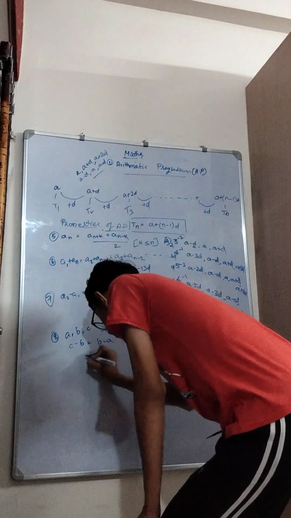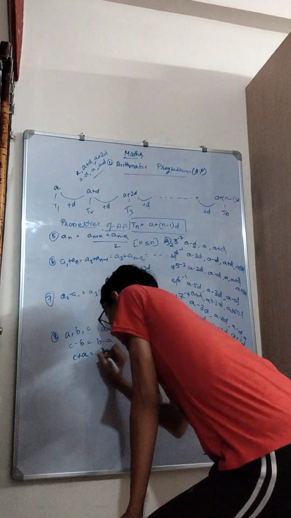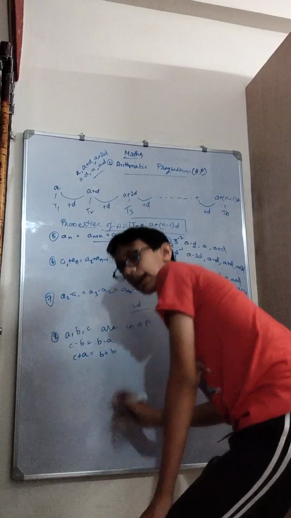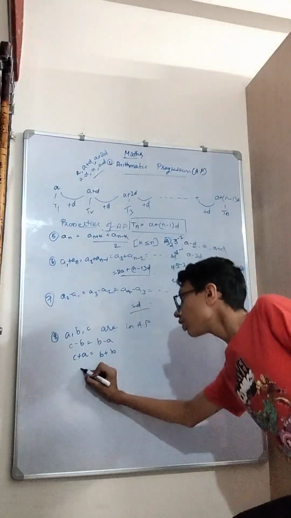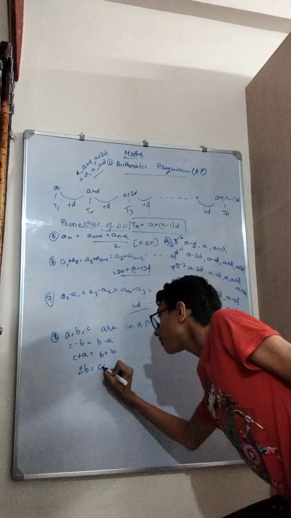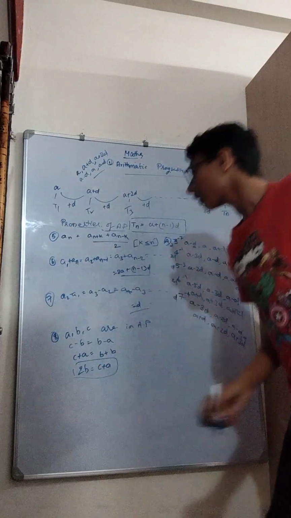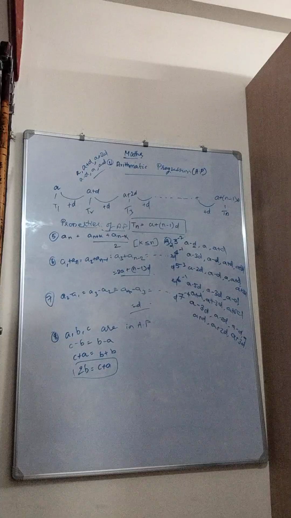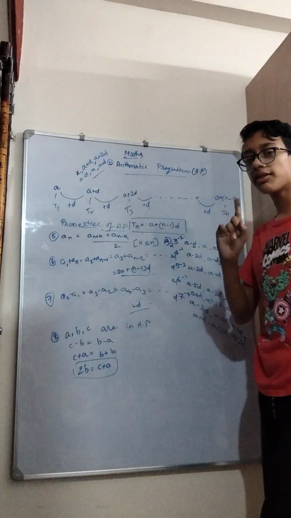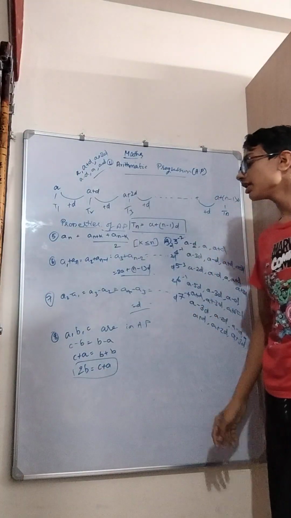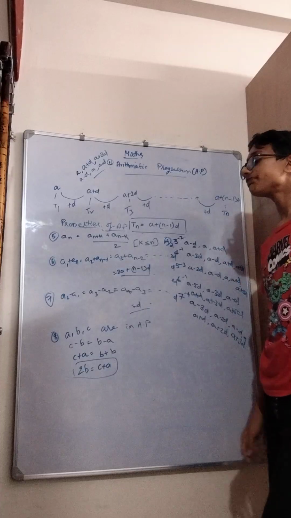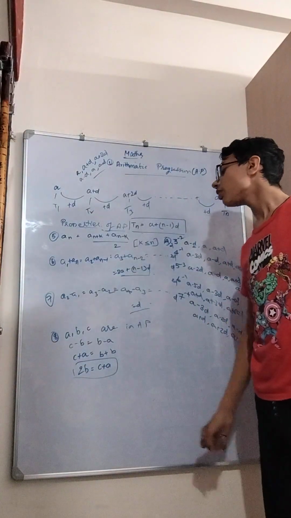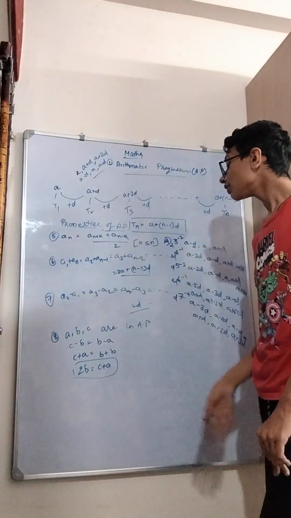So then c plus a would be b plus b, so 2b would equal c plus a. This is a very important thing when you are checking for arithmetic progression. So 2b is equal to c plus a.